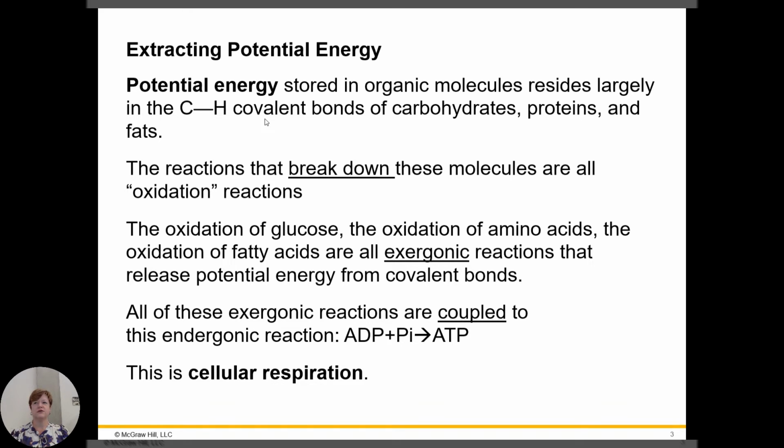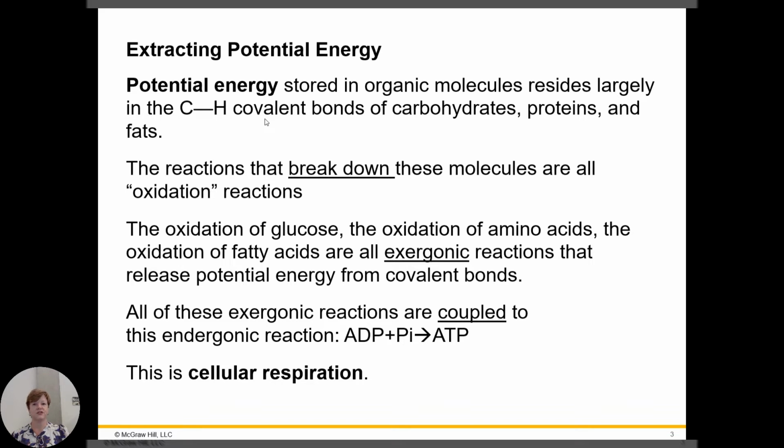When that energy is released, that exergonic reaction is coupled to the endergonic reaction, which is ADP, adenosine diphosphate, plus inorganic phosphate combined together in a synthesis reaction to make ATP. So that synthesis of ATP is endergonic.